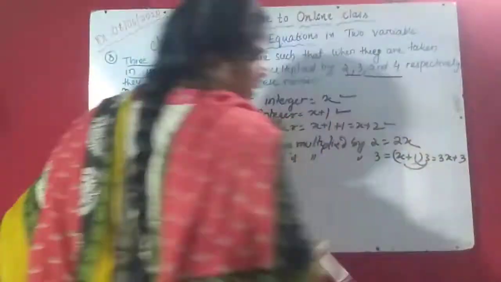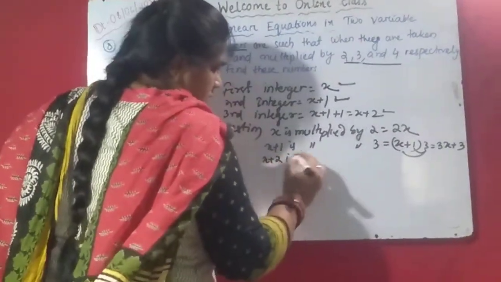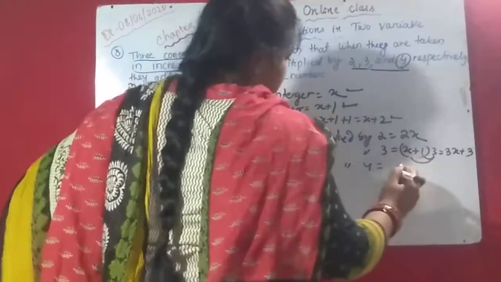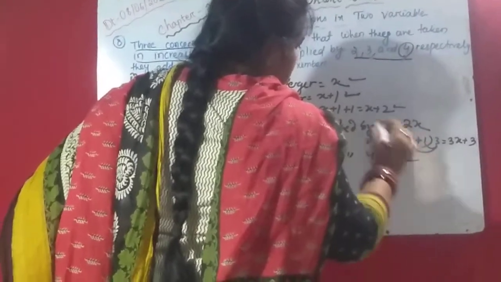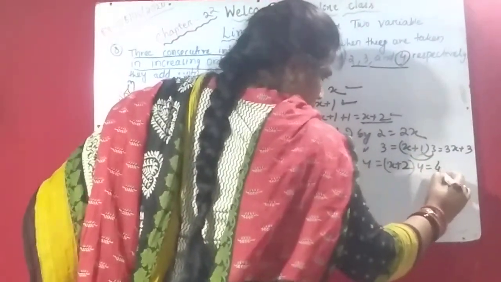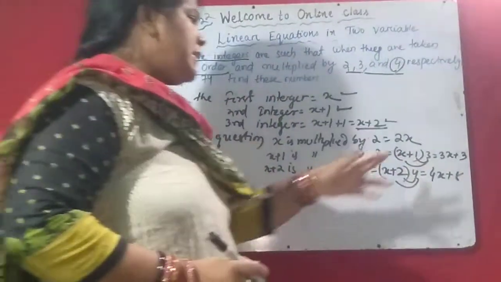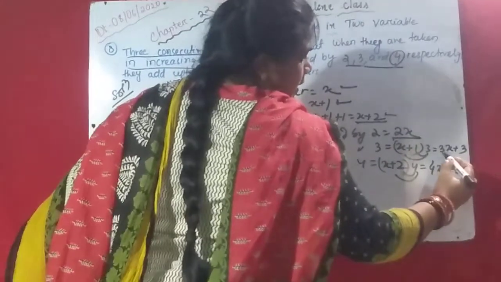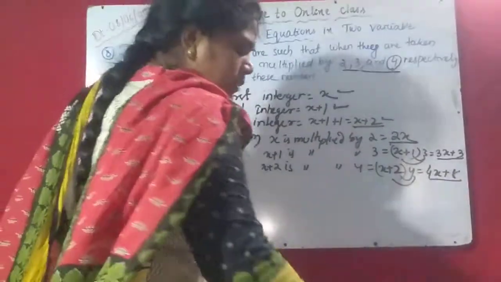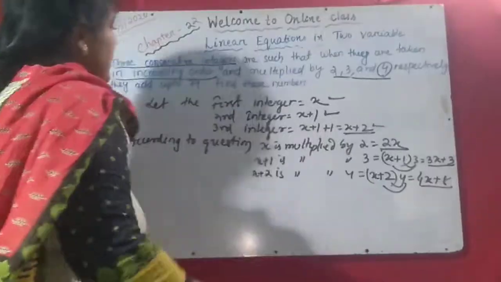The third integer, x plus 2, is multiplied by 4, that is 4x plus 8. After multiplying you get 2x, 3x plus 3, 4x plus 8.